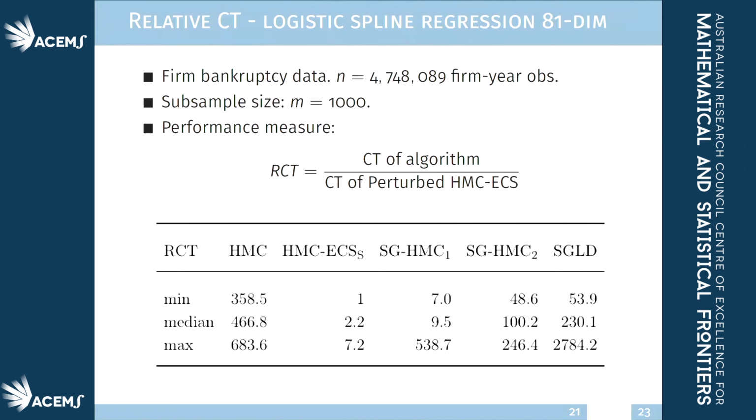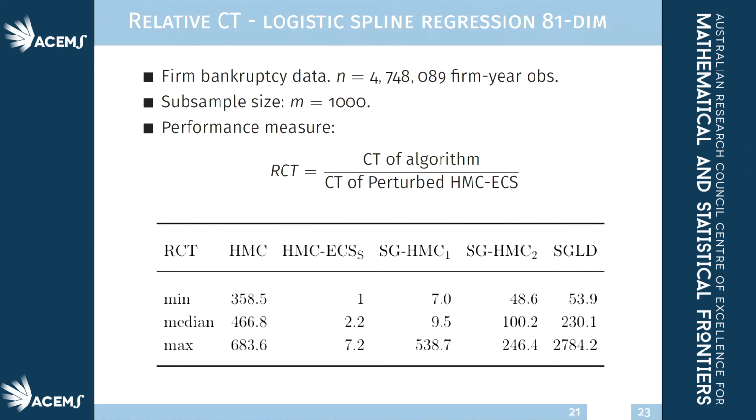SG HMC1 is a stochastic gradient HMC from the machine learning literature, and SG HMC2 is a second stochastic gradient HMC, and I'm sure Tamara will say they're no good, and in fact they're no good. And SGLD is stochastic gradient Langevin dynamics.